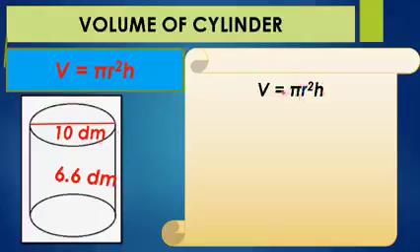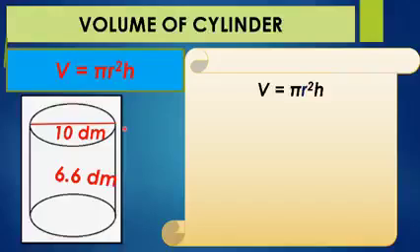So, hindi natin pwedeng magtuloy sa concept, which is substitution, because wala tayong value of r. Okay? So, we need to find the value of r. Meron tayong diameter, and we all know, recall lang natin that r is equal to 1/2 of diameter. Kalahati ng diameter ay binubuo ng isang radius.